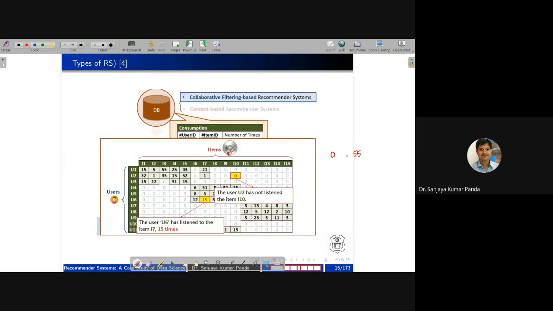You can see here the value is 0 to 55, right? This is the highest value, I think, if I am correct. Yes. So what does this 55 indicate? It corresponds to user U1 and item I3. So we can say that user 1 has listened to item I3, it is a music I3, 55 times.